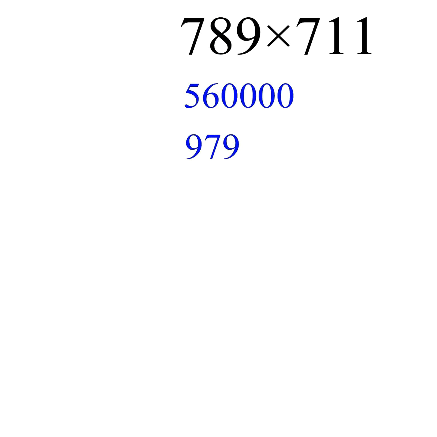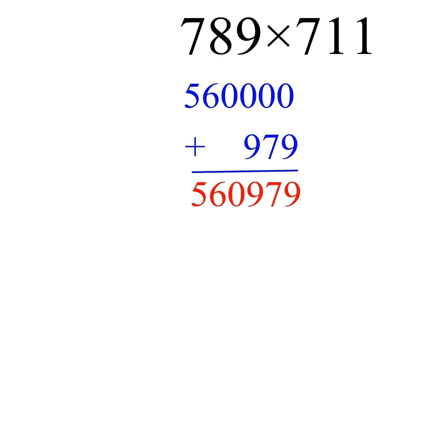And we write down 7 and we increase 8 by 1. So that would be 979. And the last step would be adding these two answers. And this is our final answer.